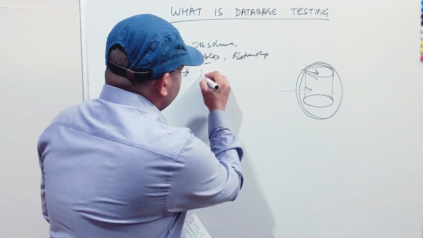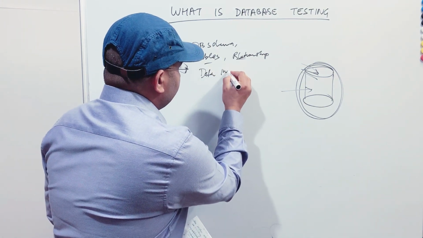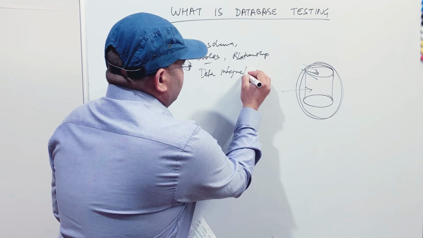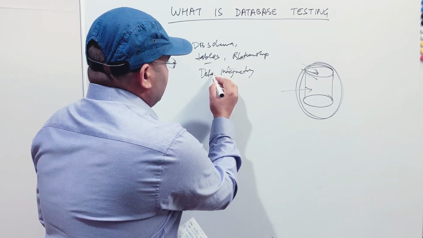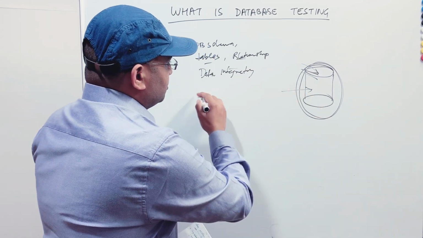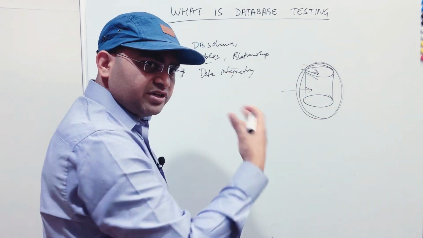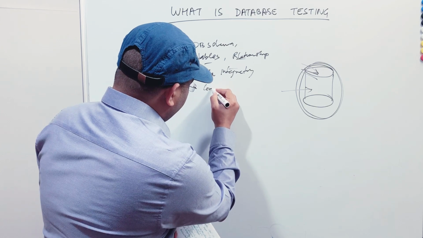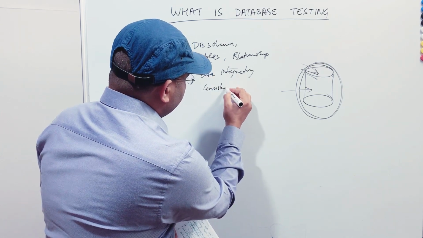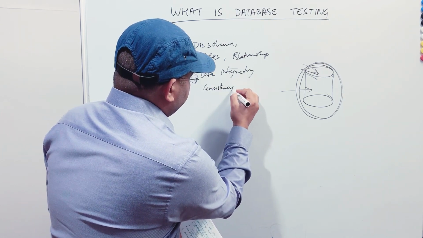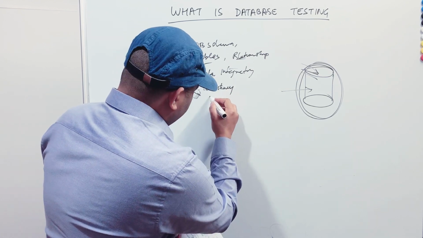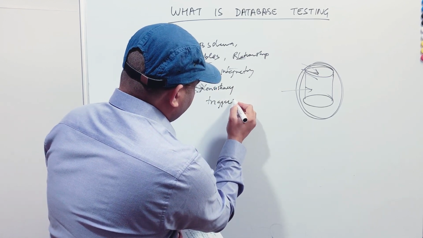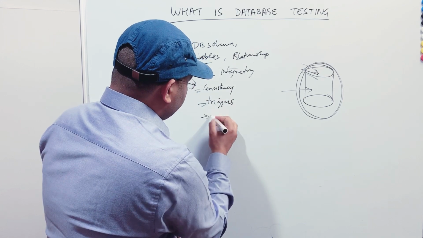All that information, or all that architecture, needs to be verified as part of database testing. Apart from that, data integrity is another thing, when the data is stored and when you retrieve the data. Consistency of data, right? How consistent is the data, so data consistency. Then you have triggers, and stored procedures.